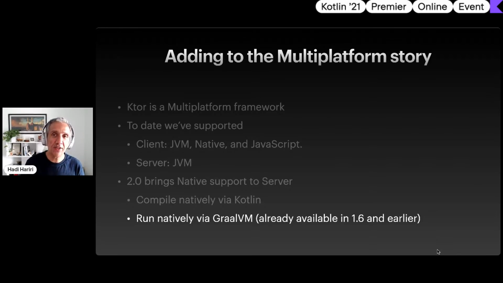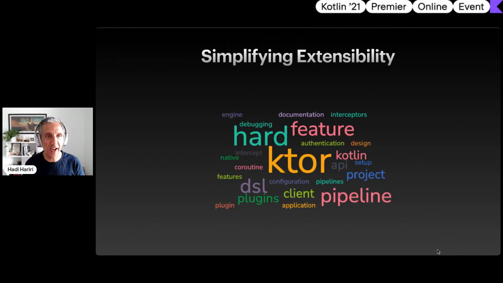Now, coming back to the idea of simplifying, we run a Ktor server survey once a year, which means we've run 2 because we started it last year. And one of the things that people always tell us about, which they find harder to understand, is the extensibility model.